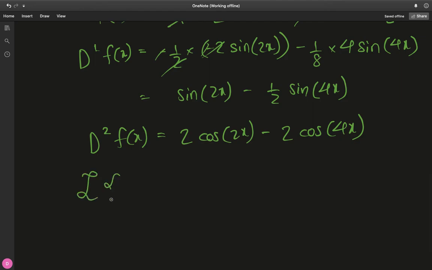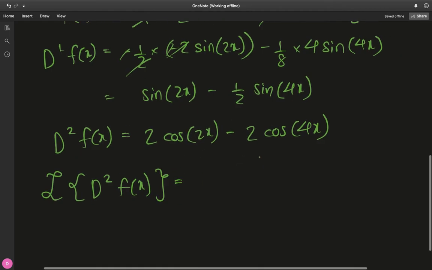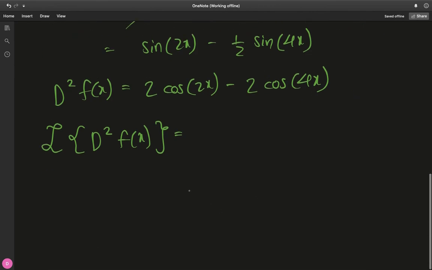So the Laplace transform of the second derivative of f of x is going to be, I'm directly writing the formula because the Laplace transform of a cosine function, say cosine of at, is just s over s squared plus a squared. So I'm directly writing that.